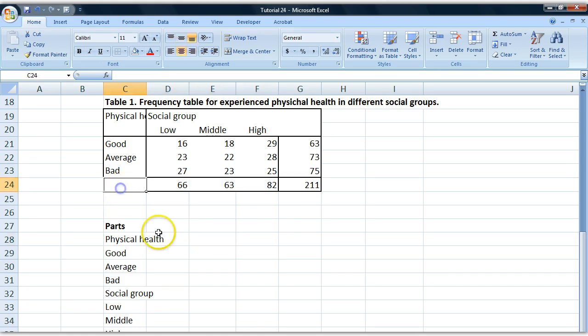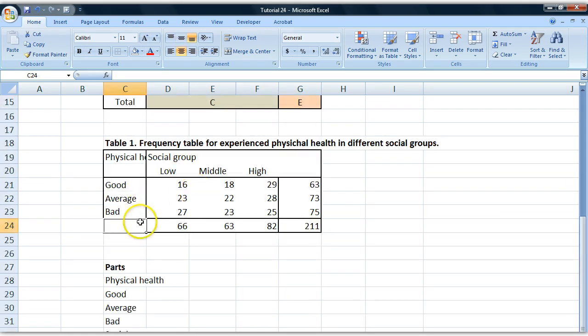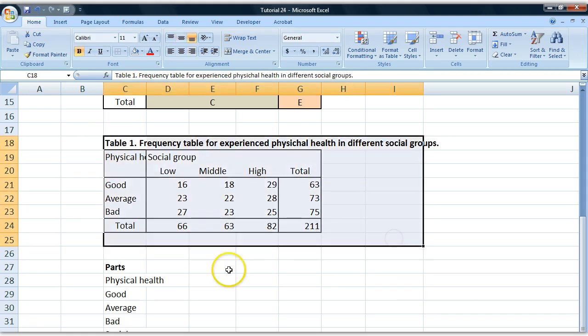So I would place one total here, and I would place one total here, because this is the total of all these values, this is the total of all these values, and this is the total of all these values. This, meanwhile, is the total of all these values, etc. And because they're building on the same frequencies, when you add all of these and add all of those, you'll get the same value. So this is how you build a bivariate frequency table.